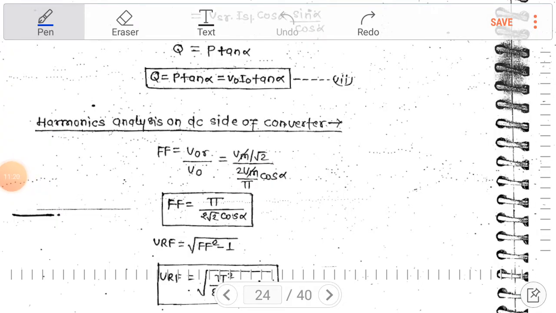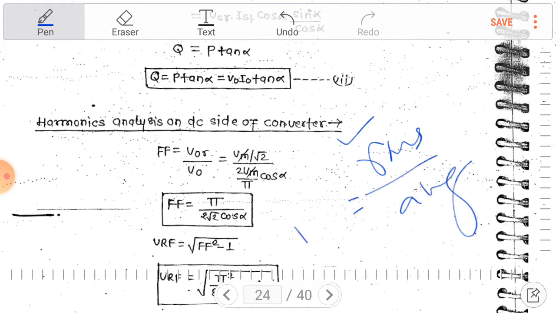Next is harmonic analysis on the DC side of the converter. At the DC side, meaning the output side of the rectifier, we can calculate the harmonics by using form factor and voltage ripple factor. FF is V output RMS by V average output. We get the form factor by using RMS and average.